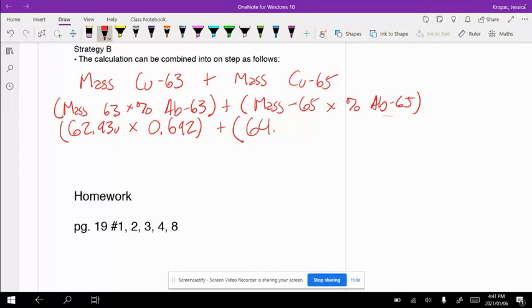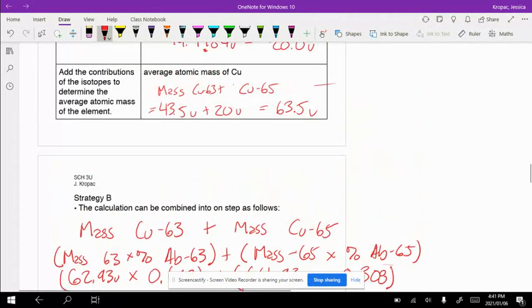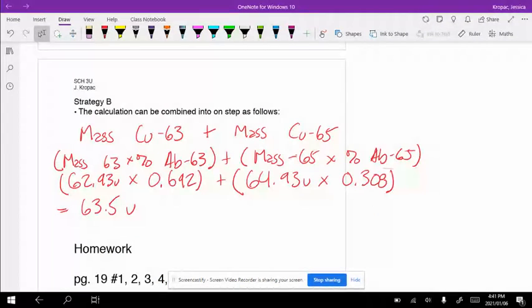Almost got you. 93, not 39 U. And we're going to multiply that by our abundance, 0.308. Then I can punch this into my calculator in one line, and it's going to give me the total value of 63.5 U. So you can see that these answers are exactly the same. All that this does is we don't have to worry about rounding, and we don't have to type as many things into our calculator.